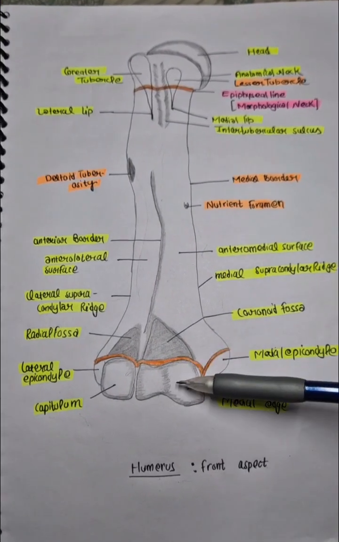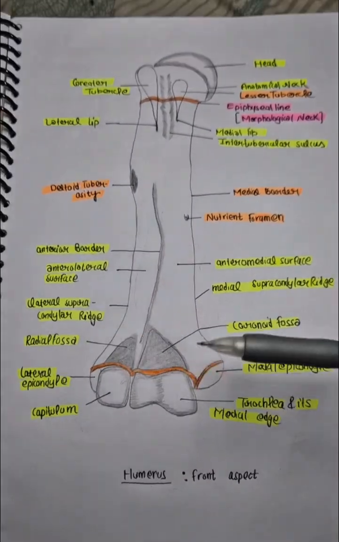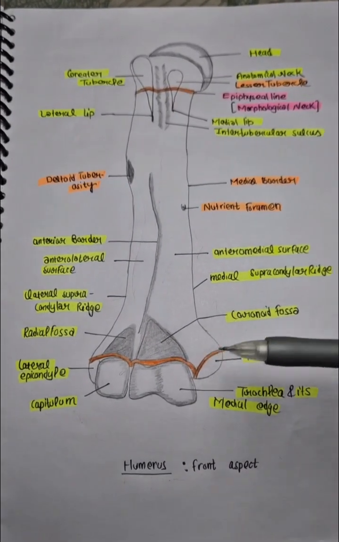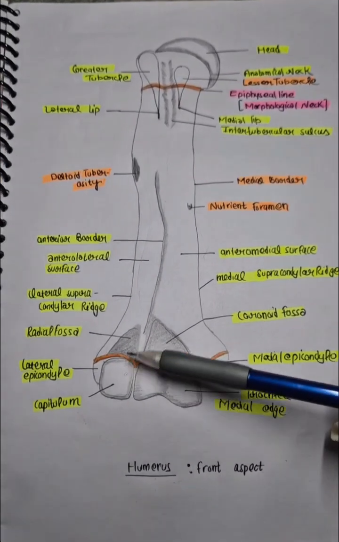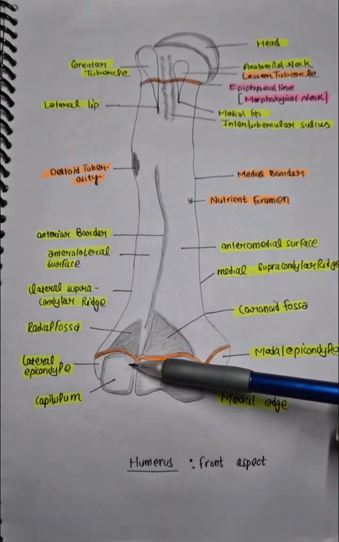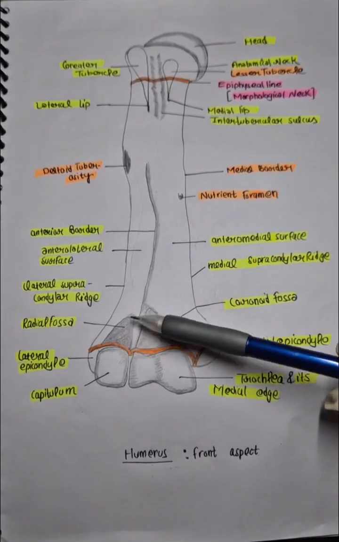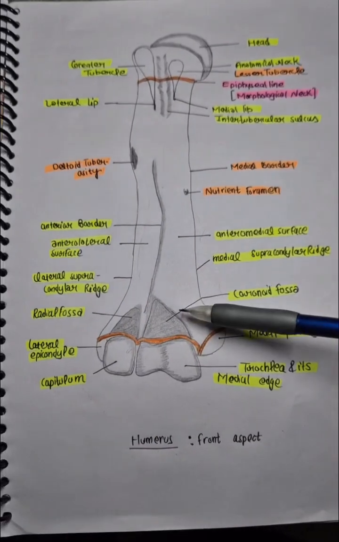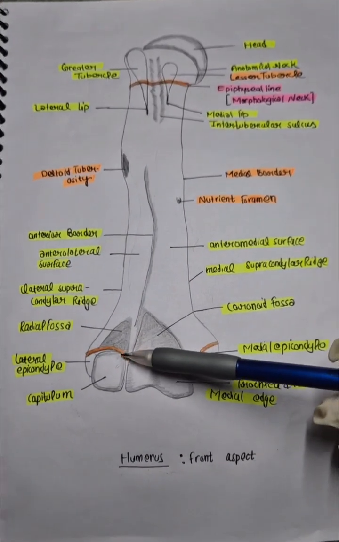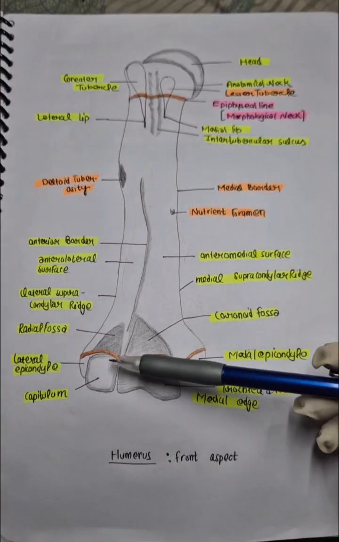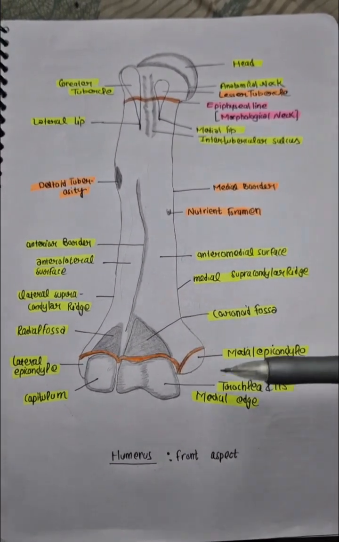The other depression, present above the capitulum on the anterior aspect of the humerus, is known as the radial fossa, and it accommodates the head of the radius when the elbow is flexed.